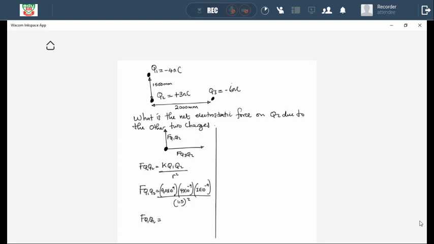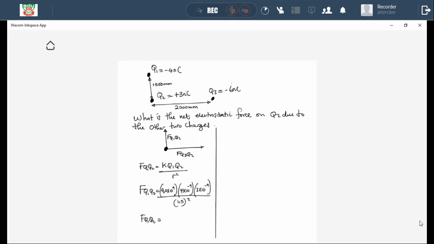I go straight to the fraction. Then I open twice as usual. Then I've got 9 times 10 to the power 9, which is my constant. I close, I open 4 times 10 to the power negative 9. Right, I close again. I open, I've got 3 times 10 to the power negative 9.